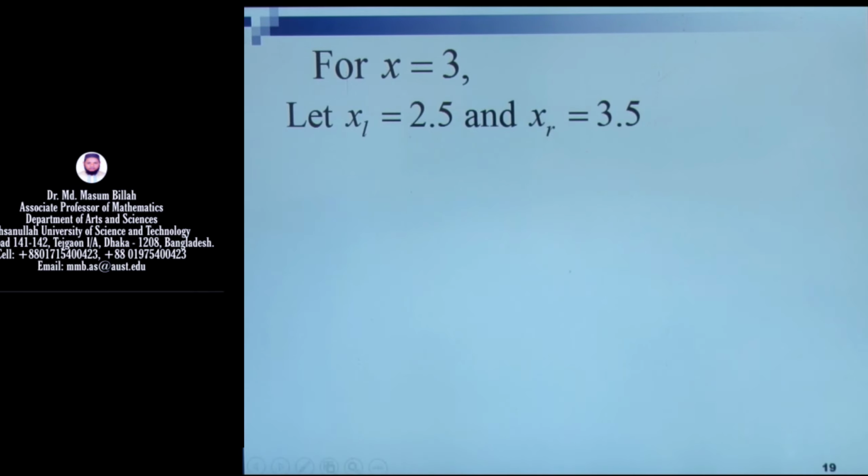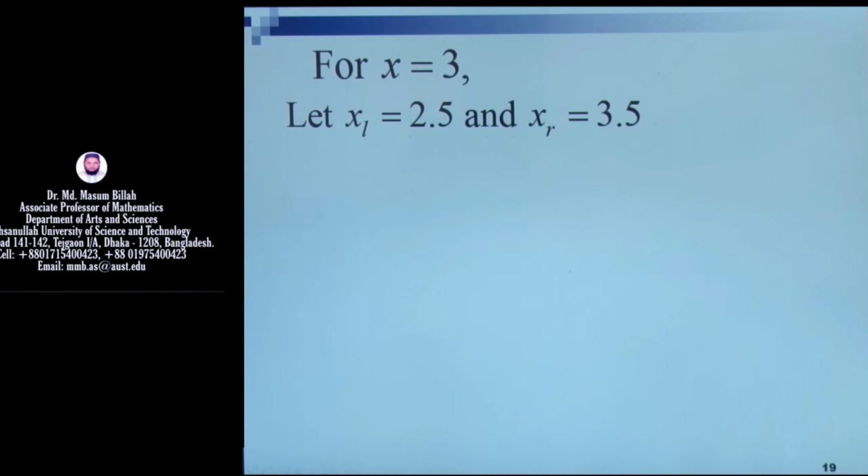Now we have another point, x equals to 3. So when x equal to 3, we can take again a left point and a right point. We can consider xl equal to 2.5, or you can consider xl equal to 2.8, 2.7, 2.75, any value just adjacent to the stationary point x equal to 3.